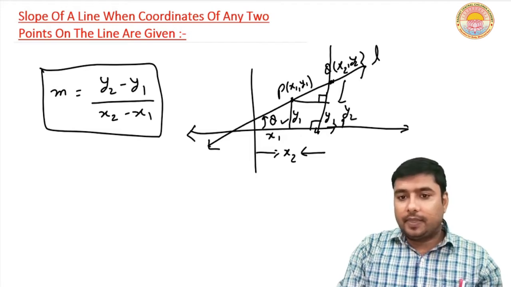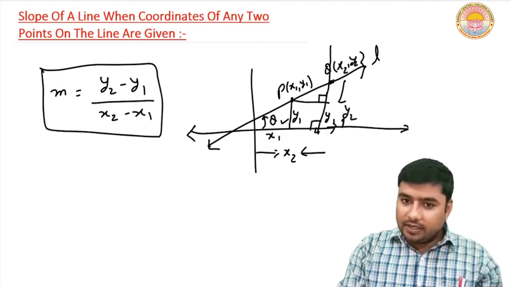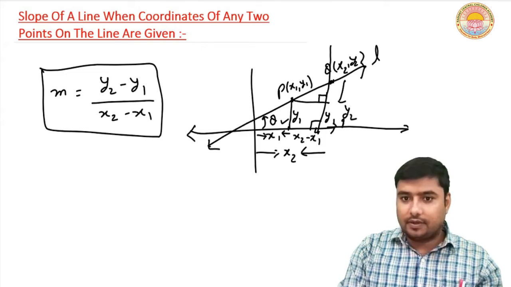So what is the value of this? This value is x2 minus x1, and this value is y2 minus y1.